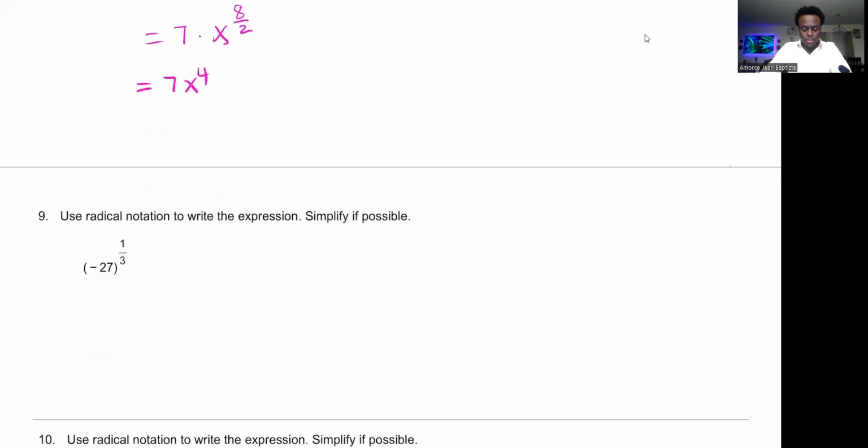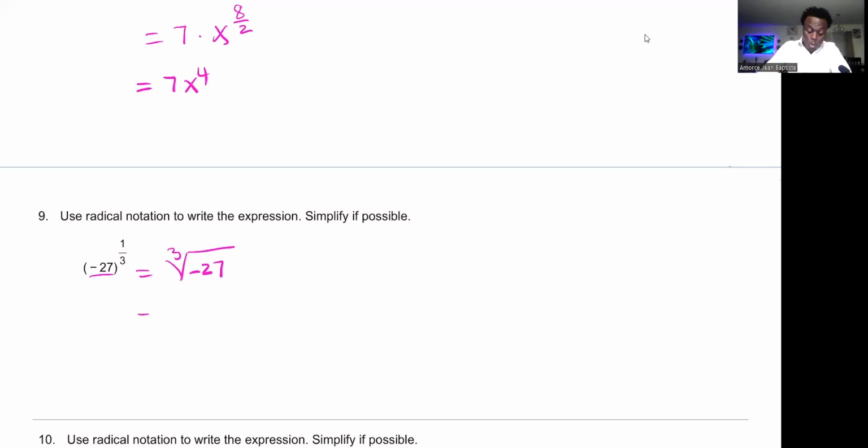Next problem. You understand the process now. Everything in parentheses is the base of the exponent, 1/3. That means all the things in parentheses will go inside this radical, and the index is 3.